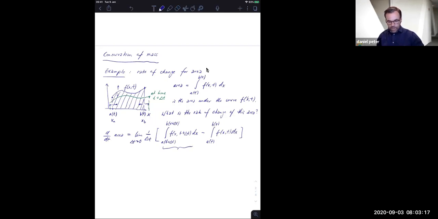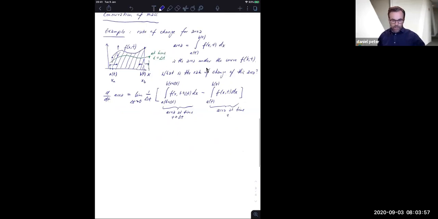So it's basically taking the limit of the area at time t plus delta t, a little time increment, minus the area at time t. And then you take the limit of it for delta t going towards 0. That would be the derivative. Is that clear? Just the basics. Good. So let's write out these terms a bit more.